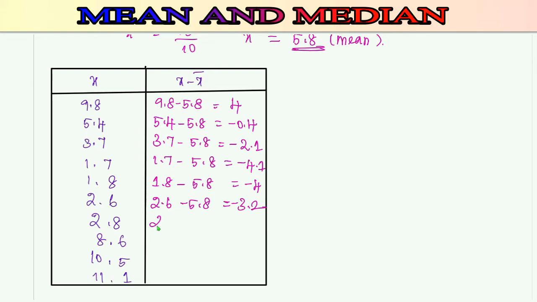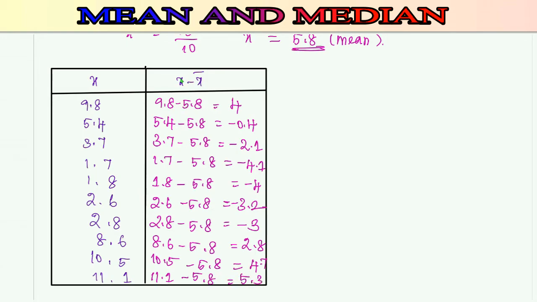The next value, 2.8 minus 5.8 is minus 3. 8.6 minus 5.8 is equal to 2.8. 10.5 minus 5.8 is equal to 4.7. 11.1 minus 5.8 is equal to 5.3. So these are the values of x minus x bar.